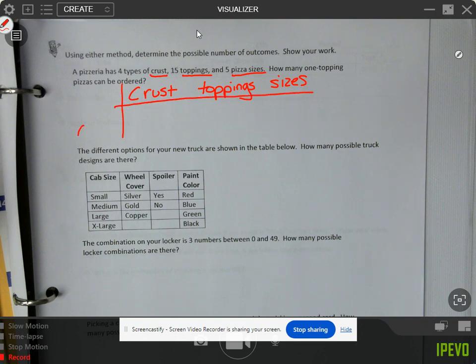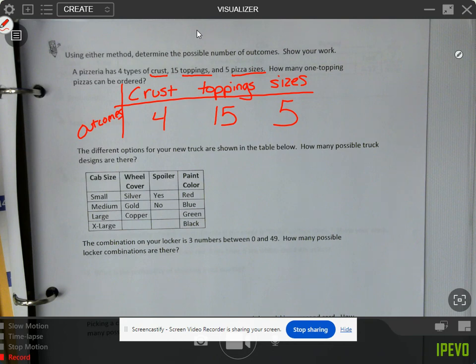Now I need to know how many outcomes there are for each of those. How many outcomes are there for crust? Amanda. How many outcomes for toppings, Liam? 15. How many outcomes for sizes? Dom. 5. What do I do next?